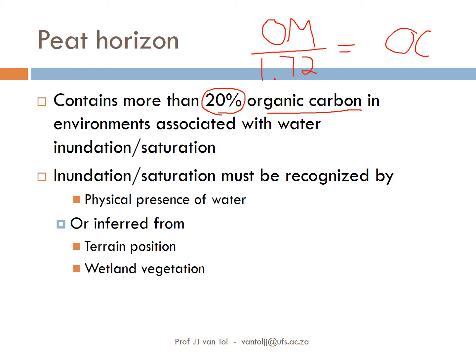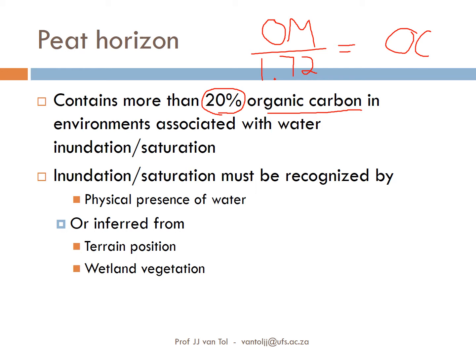But the second part of the criteria is that inundation and water saturation must be recognized by the physical presence of water, or inferred through lowland terrain positions capable of accumulating and storing water, or via wetland vegetation. So the key of a peat horizon is that it's in a wet area. You're not going to find a peat horizon in Bloemfontein.